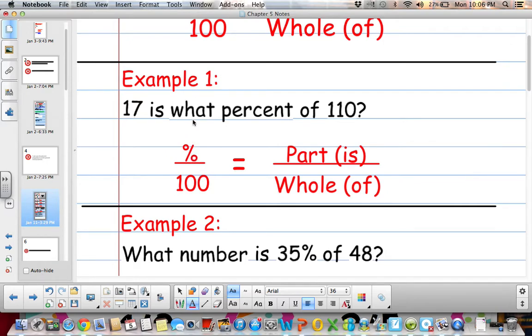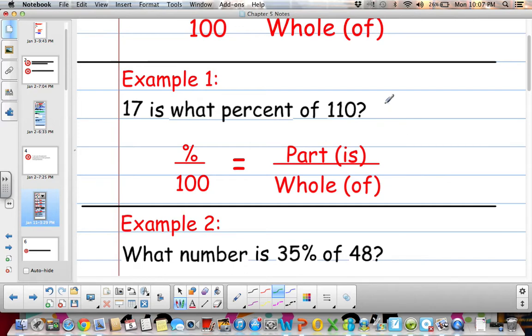So for this question, we don't know what the percent is, so that's going to remain our unknown. So the part, which is our is, is 17. So let's get a marker here and we'll rewrite this.